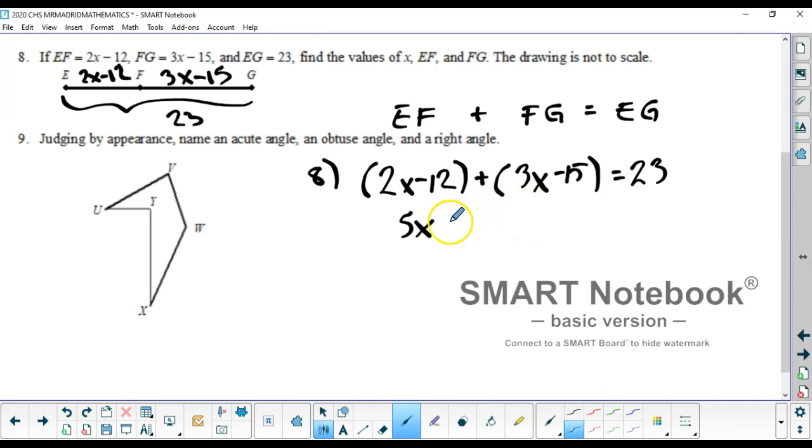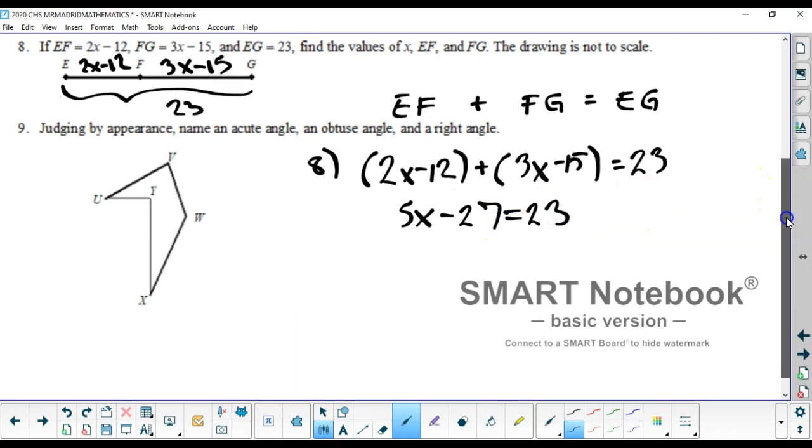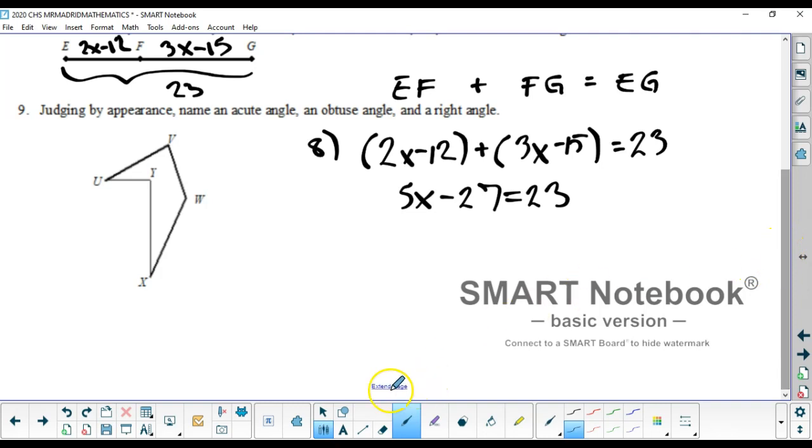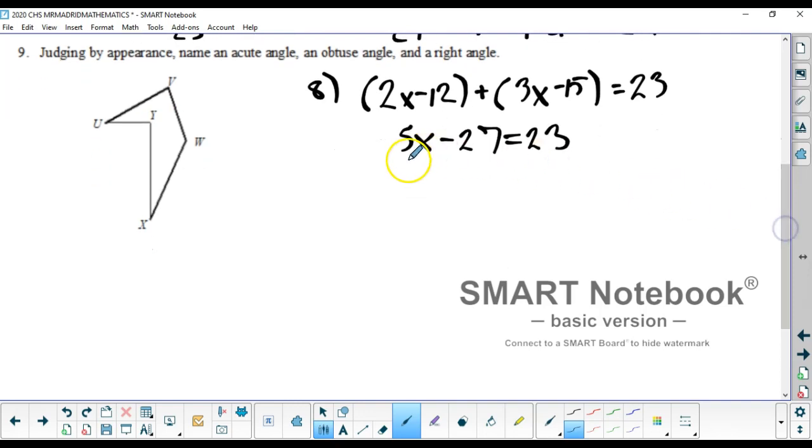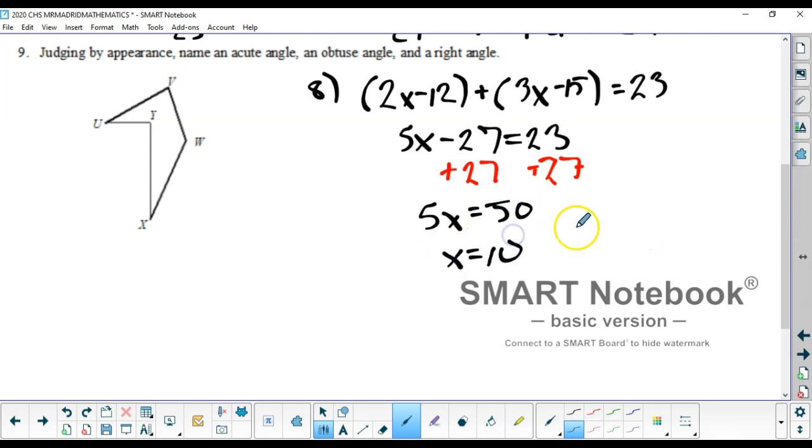This and this combined is minus 27 equals 23. So let's go ahead and add 27. So we get 5x equals 50, x equals 10.